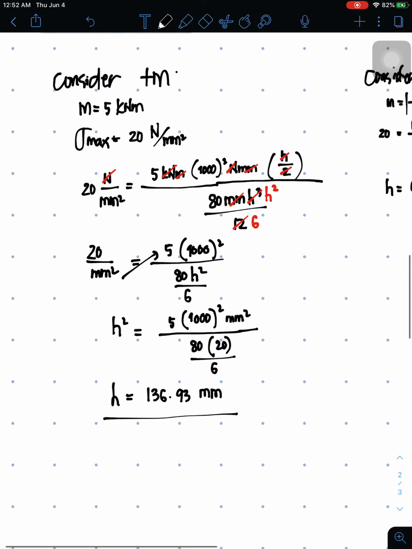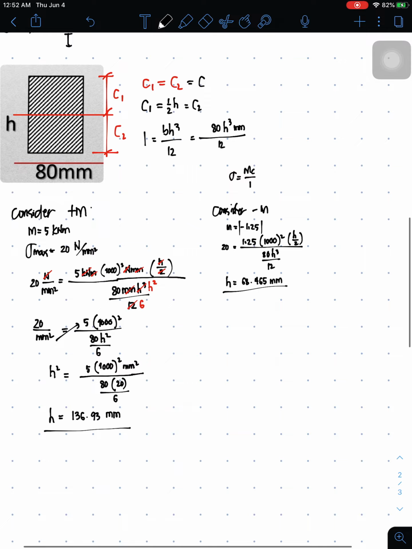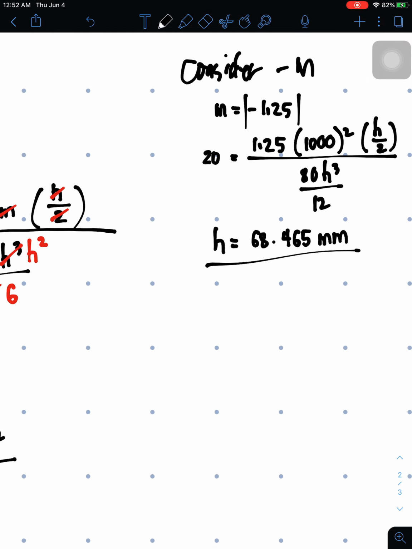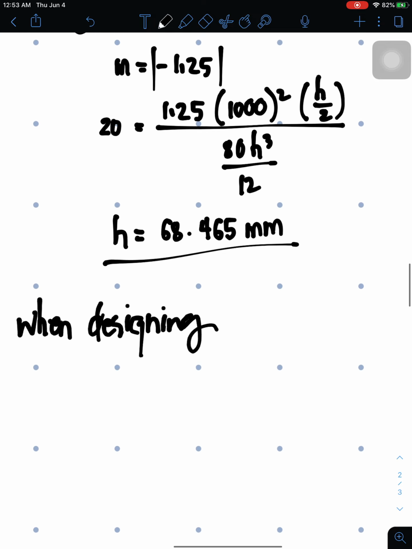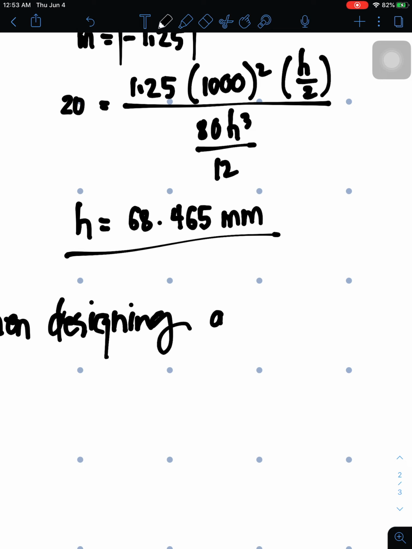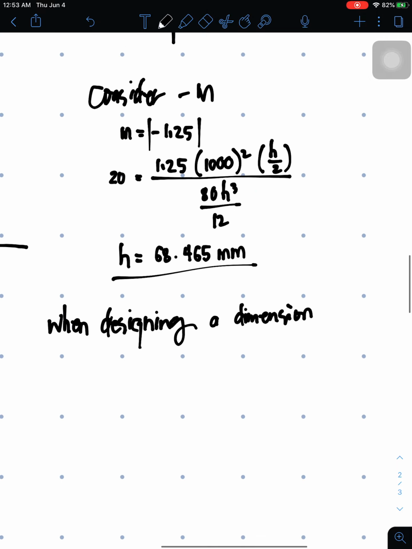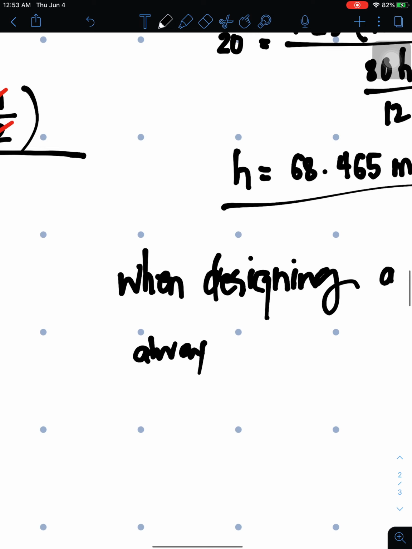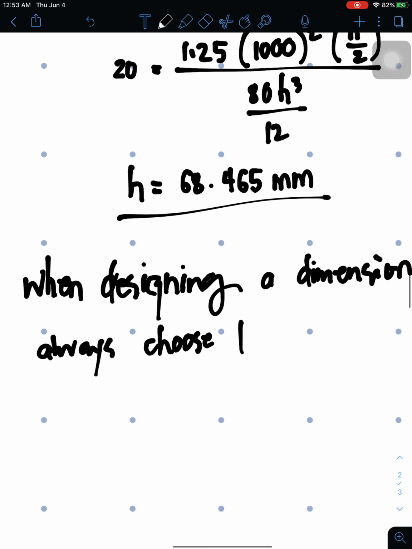And the value is 136.93. So we have two values, and since we're talking about a dimension, take note of this: when designing a dimension, always choose the bigger value.